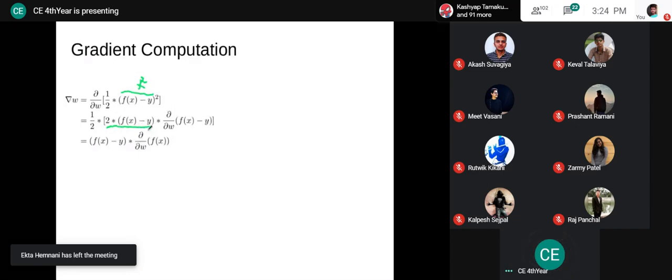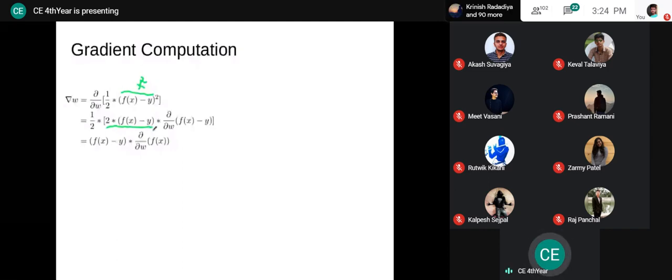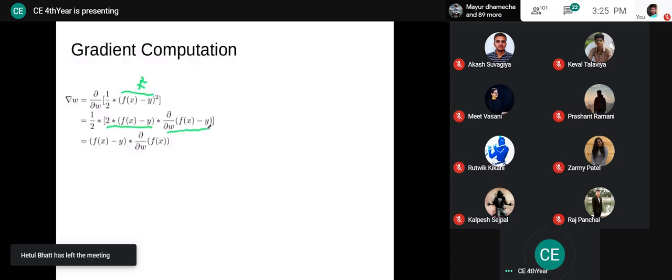And by applying the chain rule, we keep this partial derivative, because this function is a dependent variable, right? So we cannot just consider it as a constant. For the y, as it is the true y, we will consider it a constant, but not for this function, or you can say not for your hypothesis.